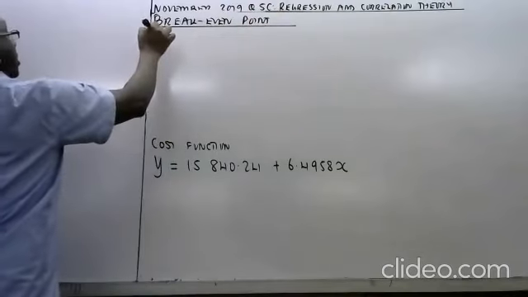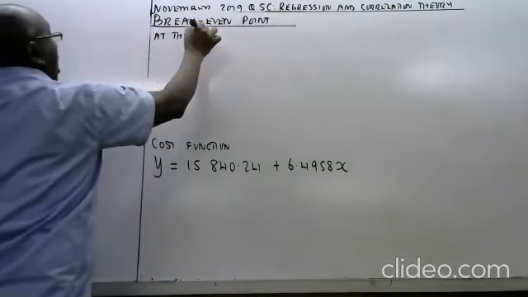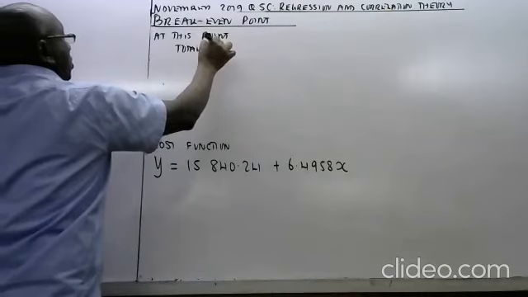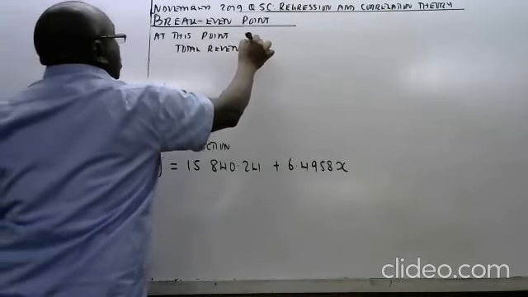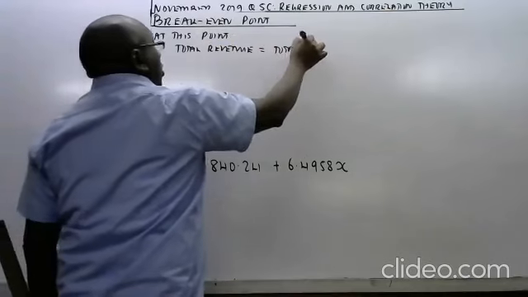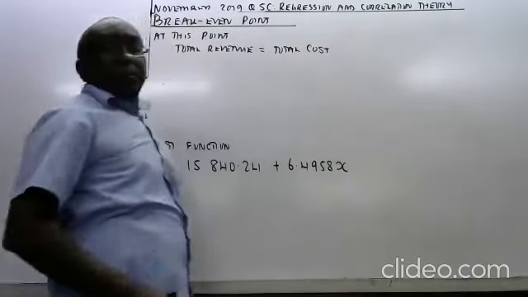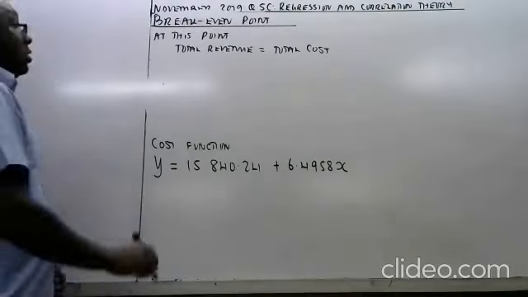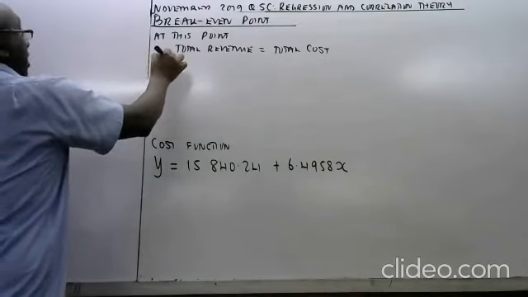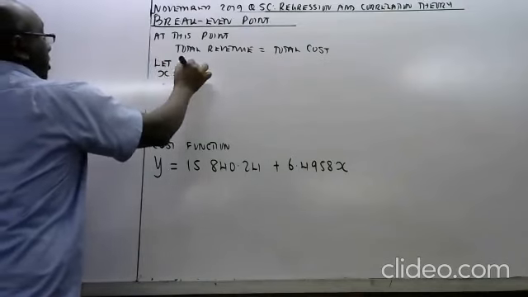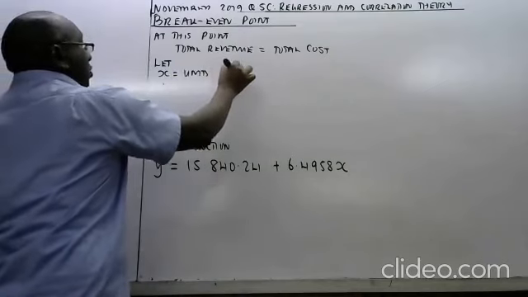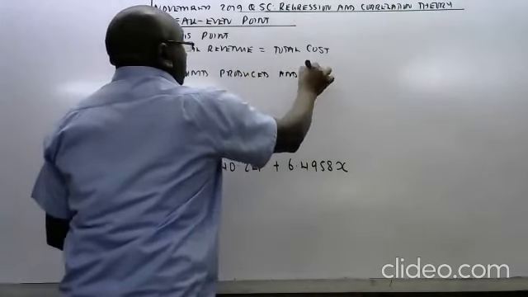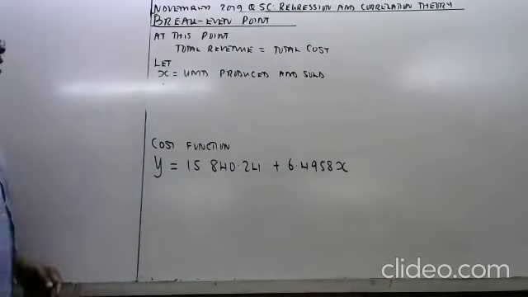Now we know at this point, total revenue should always be equal to total cost. So let X represent units produced and sold.